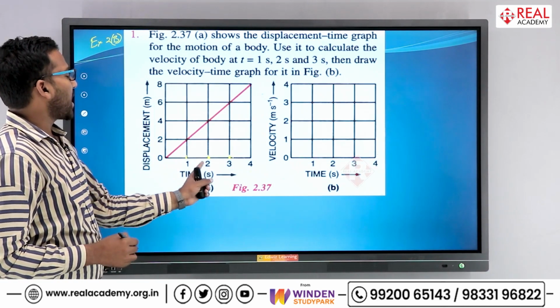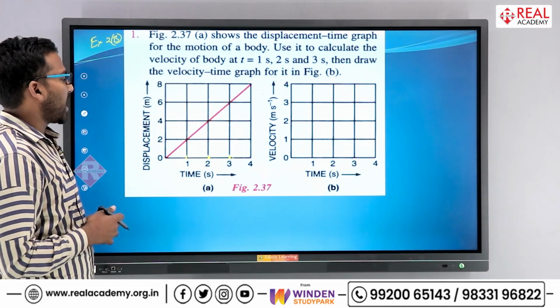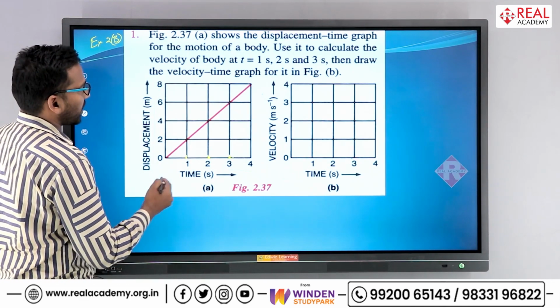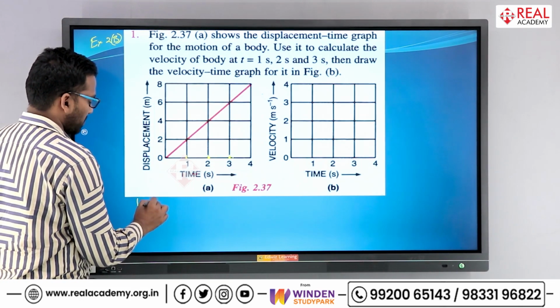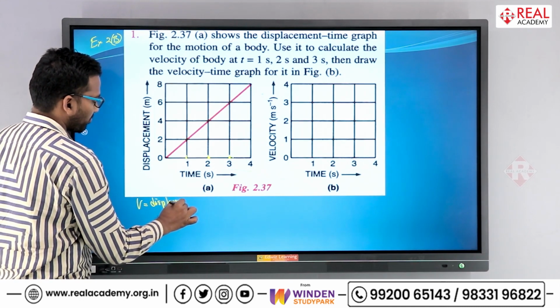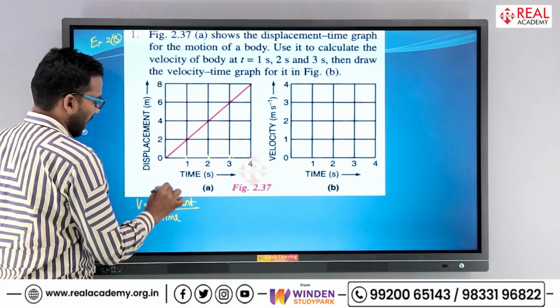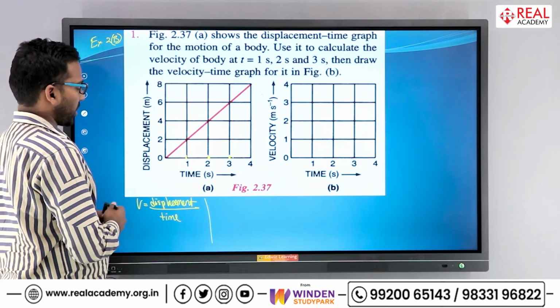For these time slots we need to calculate the velocity and then draw the velocity time graph. Very simple. What is the velocity formula? The formula for velocity we all know: displacement upon time. This is the basic formula for velocity.